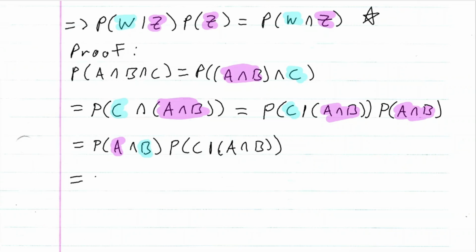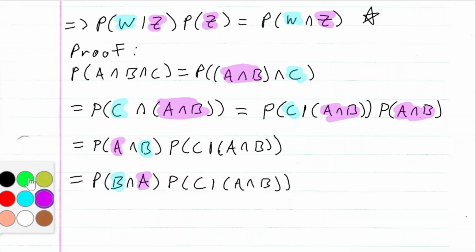So this means I need the probability of B intersection A times the probability of C given A intersection B. And of course with the markups, blue is here and purple is here.